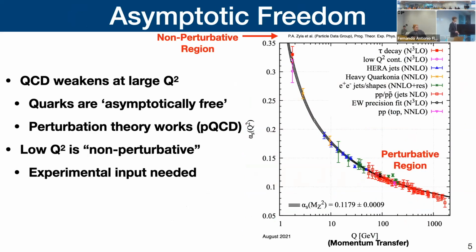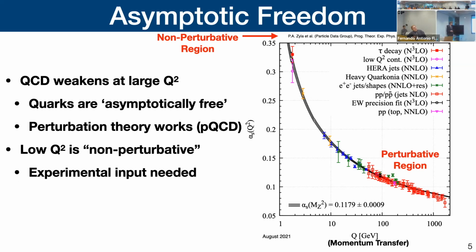One of these interesting behaviors is known as asymptotic freedom. What's shown on this plot on the right-hand side is, on the y-axis, essentially the strength of the strong interaction, and on the x-axis, the momentum that is transferred in the interaction. You can see that if you go to large momentum transfers here, the strength of the interaction is fairly small.